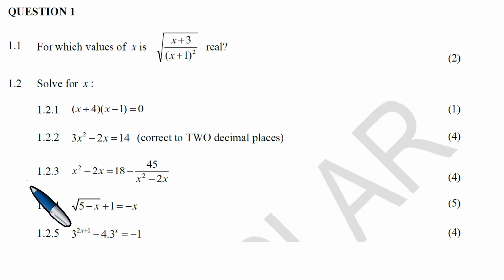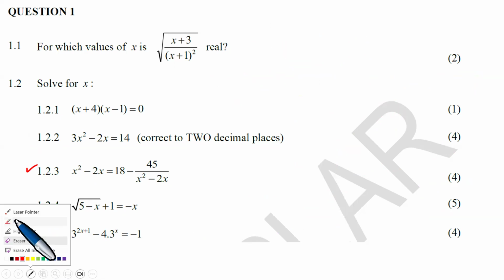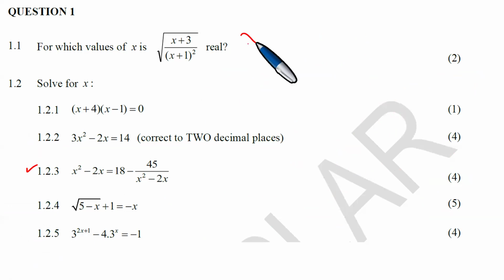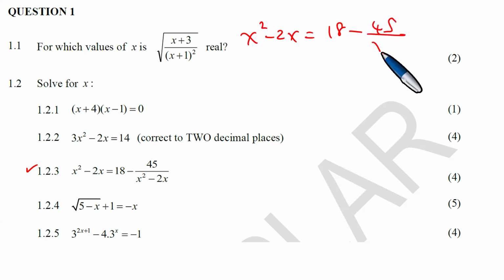Next point. Let's look at 1.2.3. Now, let's solve this one using the K method. The K method is a very exciting one. First things first, in the way we solve these equations, we have x squared minus 2x equals 18 minus 45 over x squared minus 2x.